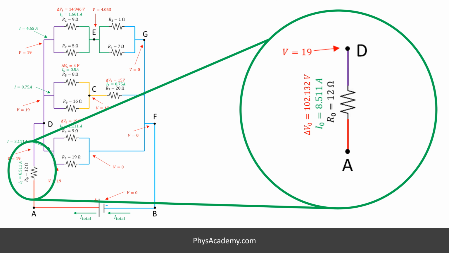Using Ohm's law, we get 102.132 volts across R0. And it means the voltage of point A is 102.132 volts plus 19, which is 121.132 volts. Alright, it seems we have everything we need, let's go back to the answer sheet and update it.